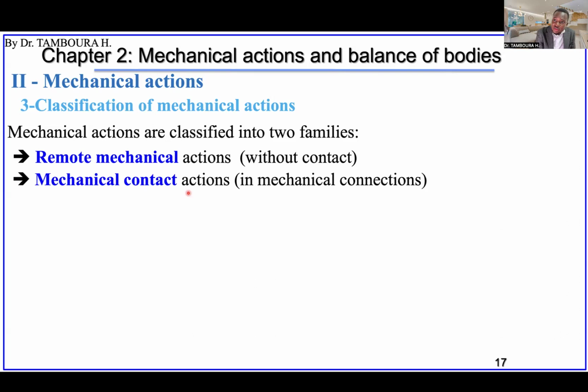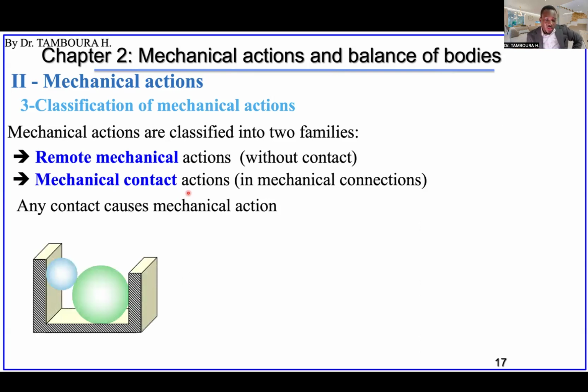Even if there is just touching with your hand, because sometimes if you have an object that is very fragile, even by touching the object, you can break it. So that means even by touching, you are applying a mechanical action. Anywhere there is contact between two objects, there is always a mechanical action. So any contact causes mechanical actions.